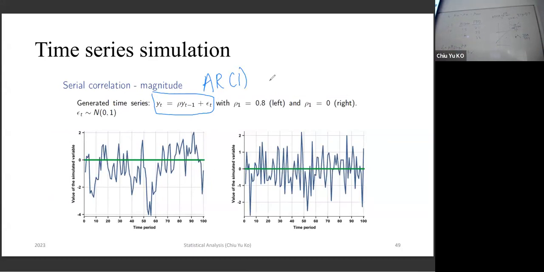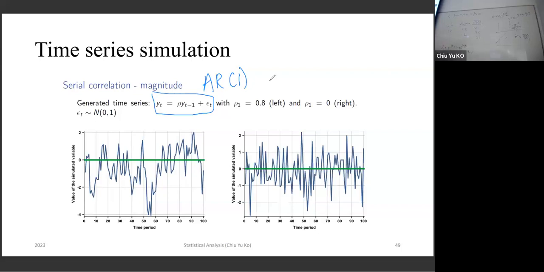What it says is the value of today depends partially on the past, and partially on something new today. That is AR1 indeed. We don't cover it, but people would say AR1, AR2 is already the model that you need for time series. It will satisfy 90% of the models.